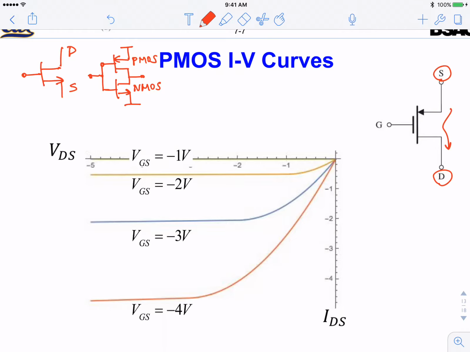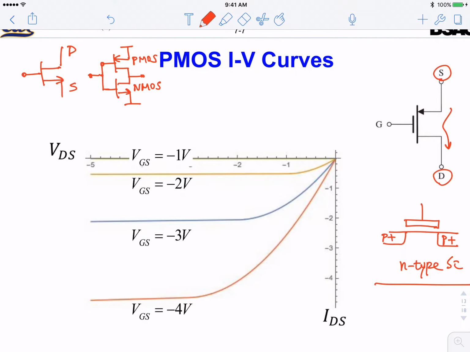All right, and in the physical device, you will have P plus doped source, P plus doped drain, and you will have an N-type silicon body, okay? And you will have a gate. And when the gate is biased in the negative direction, eventually you will induce a channel of holes.